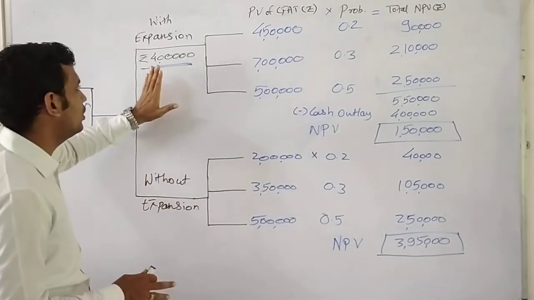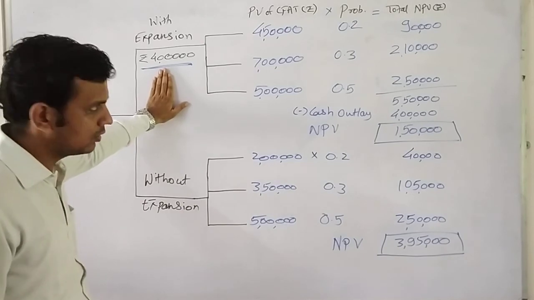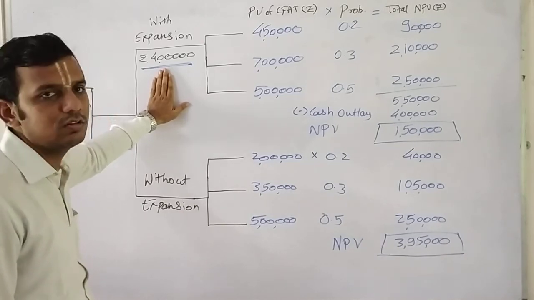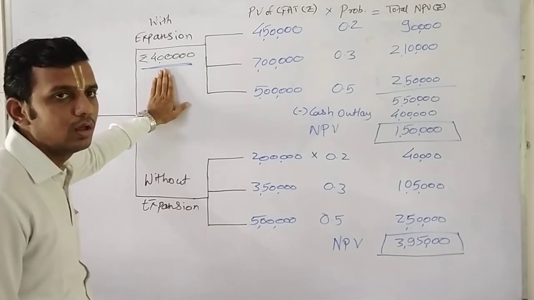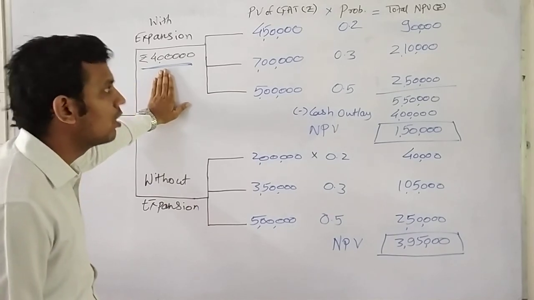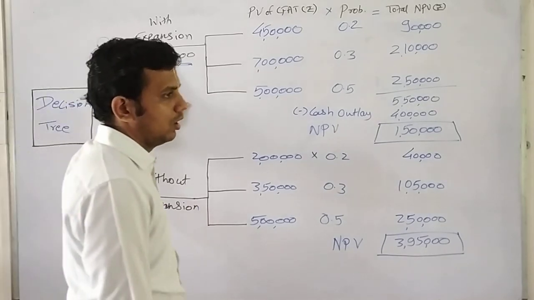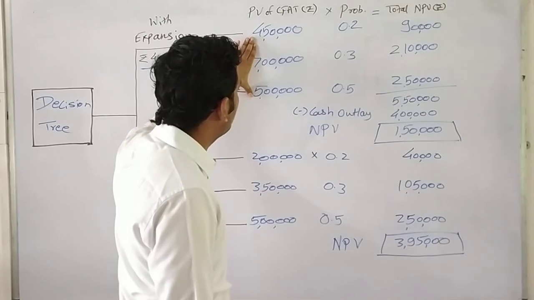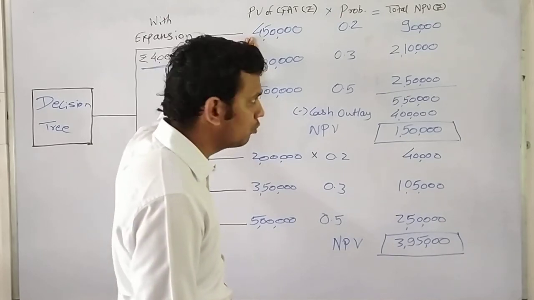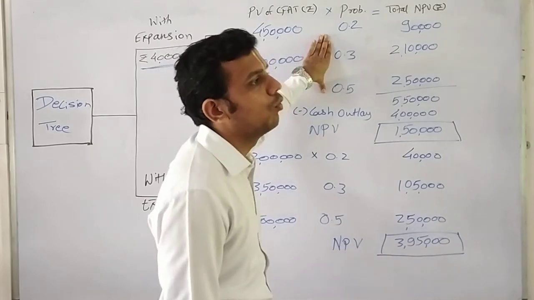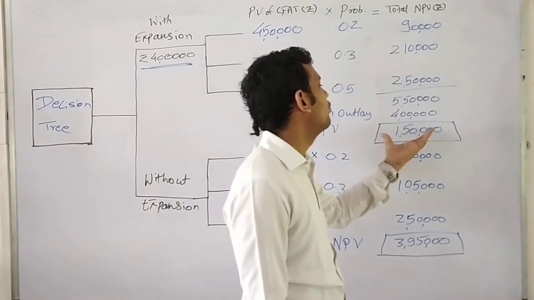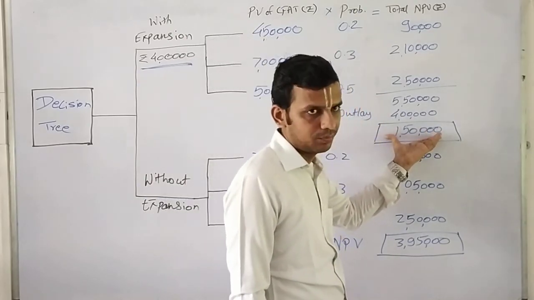For this question, what is the present decision? For example, if we are going for expansion, the present decision would be that we have to incur an expenditure of rupees 4 lakh. What could be the future event? We would be receiving these cash inflows at these probabilities. What could be the future decision? We would have a positive impact of it.